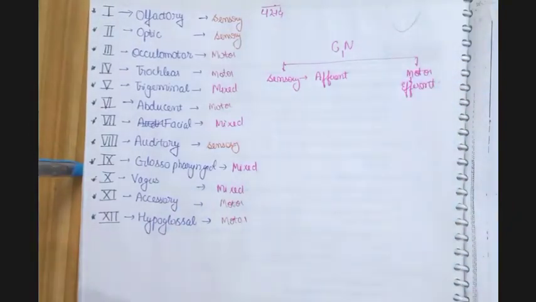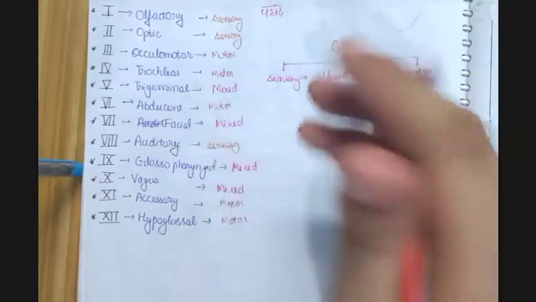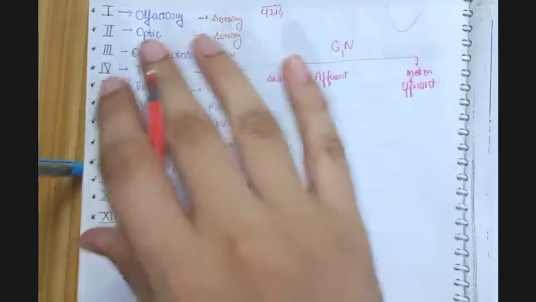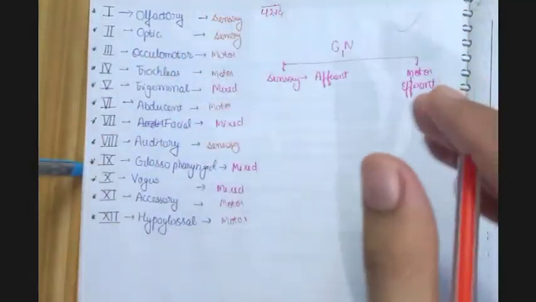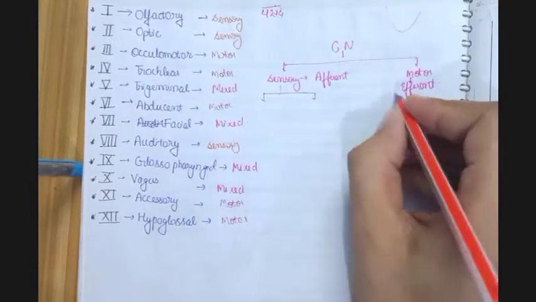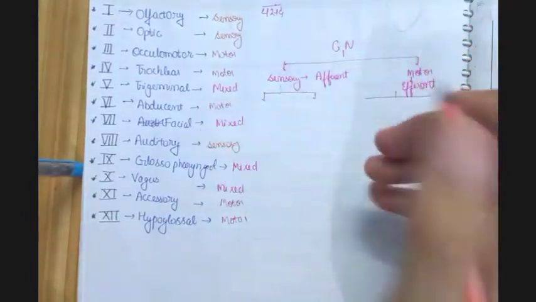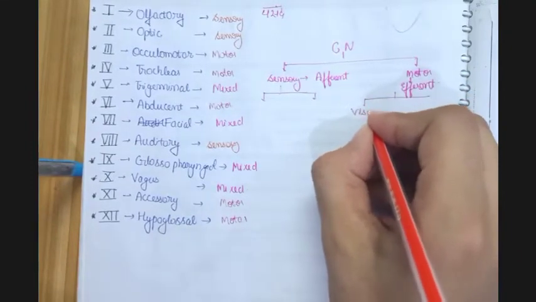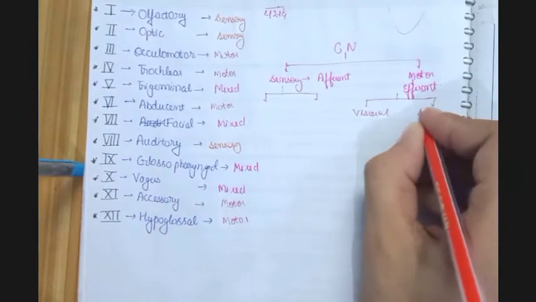If you have to take senses, we can take them either from the somatic part or the visceral part, and you can send impulses or give motor functions or actions for the visceral and the somatic.